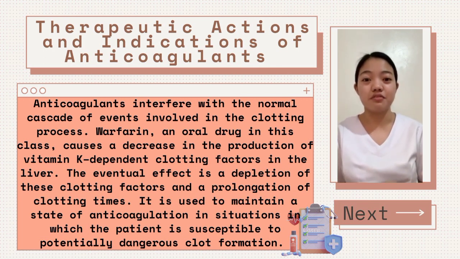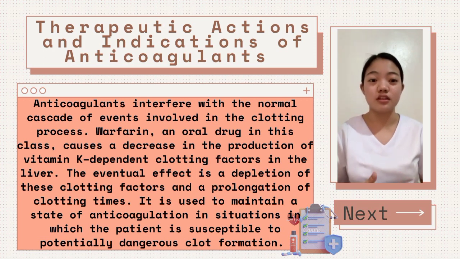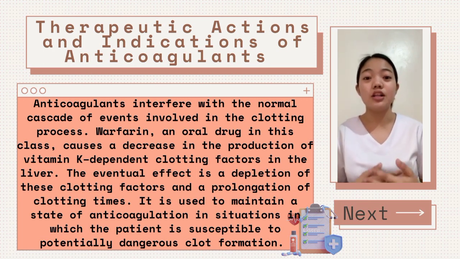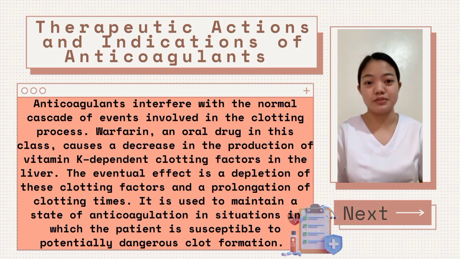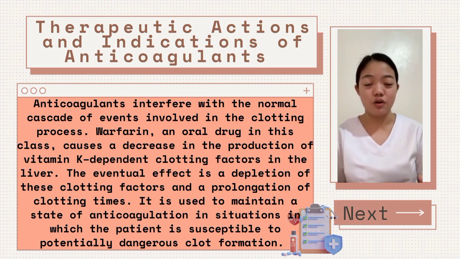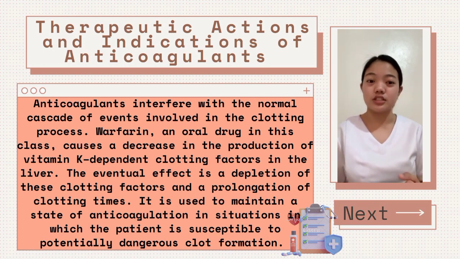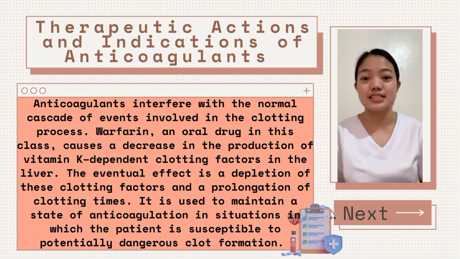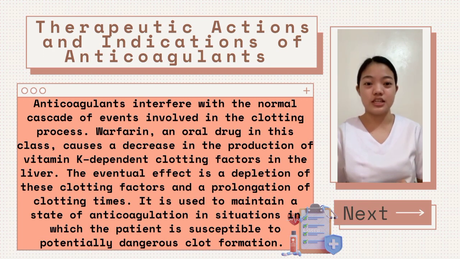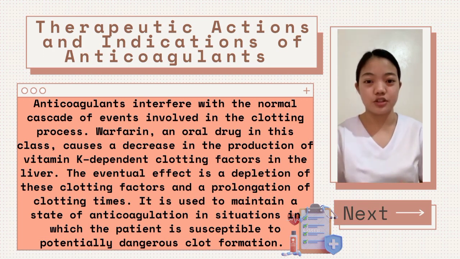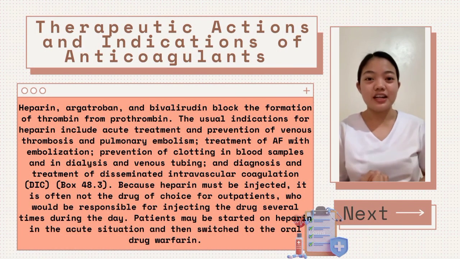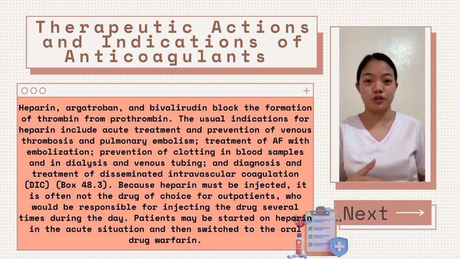The eventual effect is a depletion of these clotting factors and a prolongation of clotting times. So it is used to maintain a state of anticoagulation in situations in which the patient is susceptible to potentially dangerous clot formation.